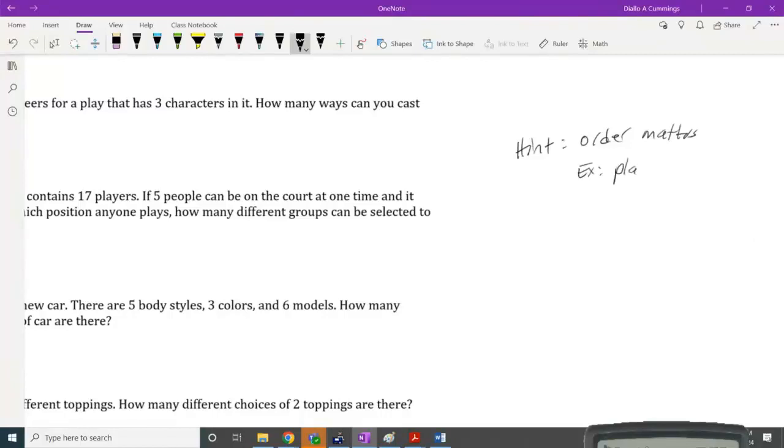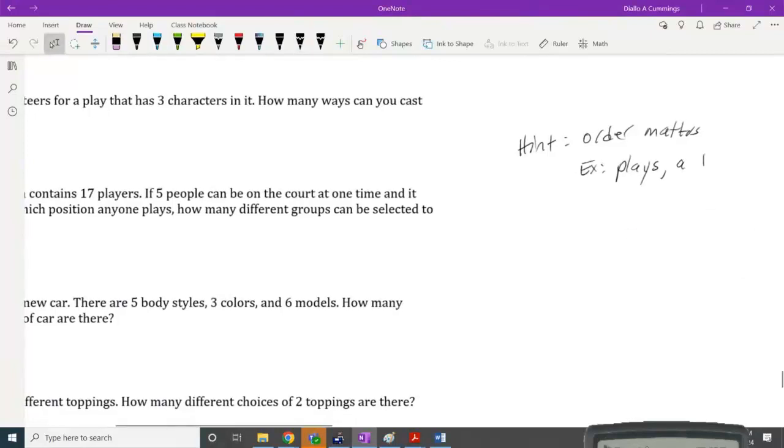Examples are plays and runners, such as placing first, second, or third.